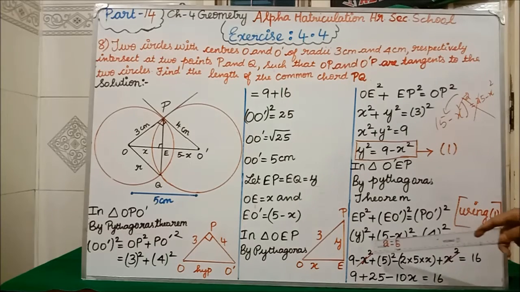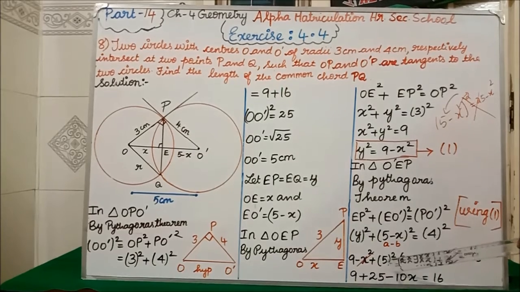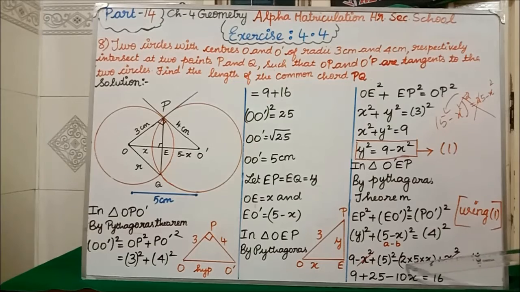See, instead of y square I have written 9 minus x square. Then this (a minus b) the whole square: first is a square, so I have written 5 the whole square, minus 2 into a into b. Instead of a I have 5, instead of b I have x.